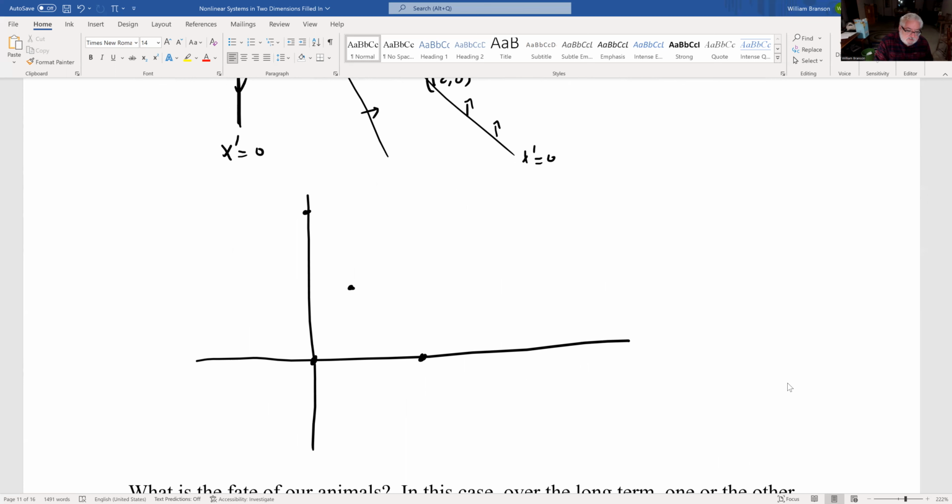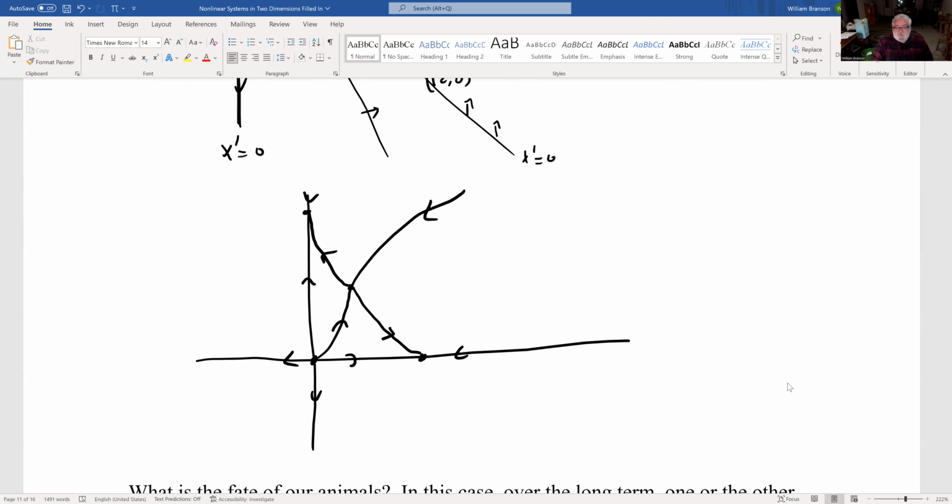We have one solution that runs up to there, one solution that runs down to there, one solution that runs up like that, and one solution that runs out like that.